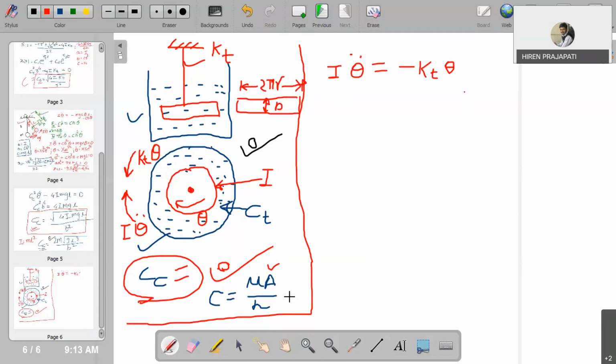And h is nothing but this gap, means this annulus gap between the outer surface of the disc and the inner surface of the drum. So this is what is called h, right? So this is the equation, c is equal to mu A by h, right?